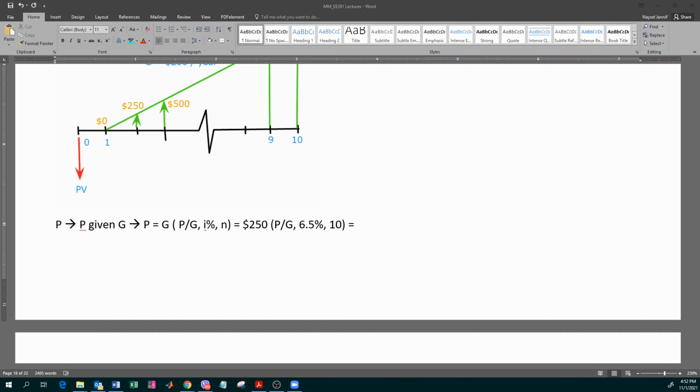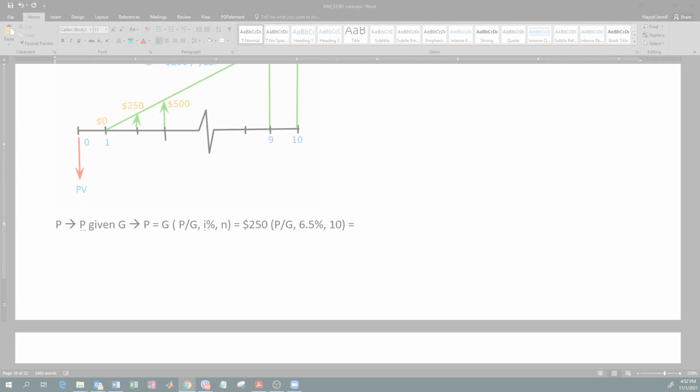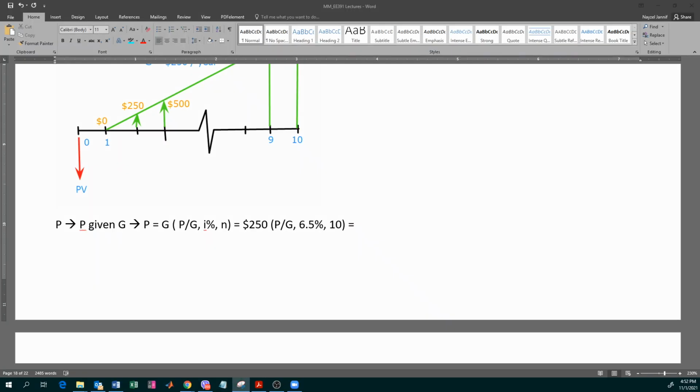It's available in the formula sheet. Anyone?